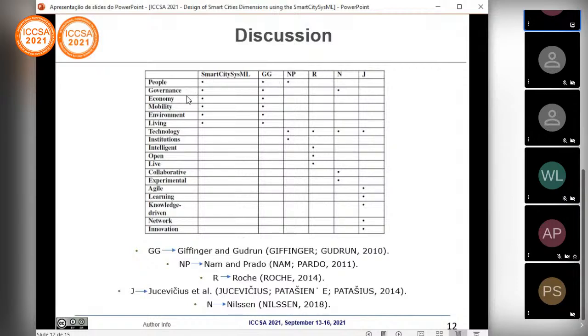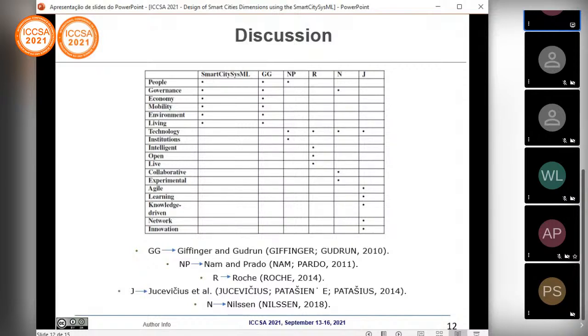The governance dimension is presented in Smart Cities ML, GG, and N. The technology dimension is presented in NP, R, N, and G. And the other dimensions are presented only once.